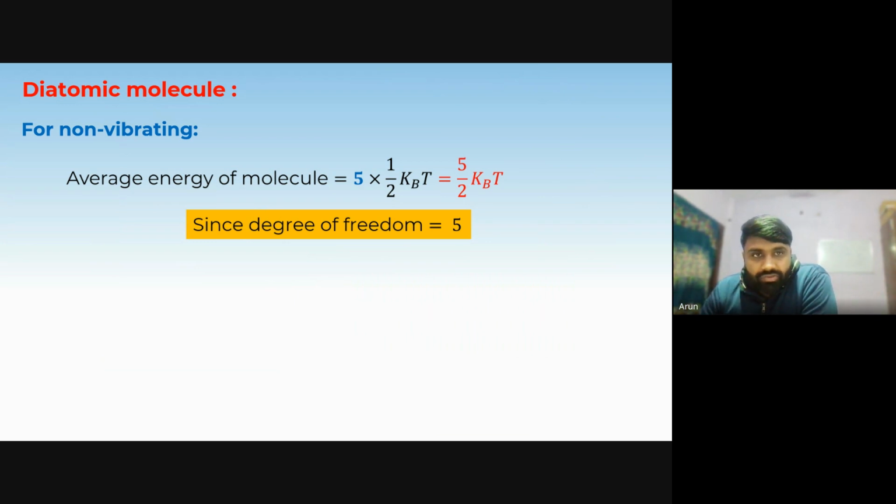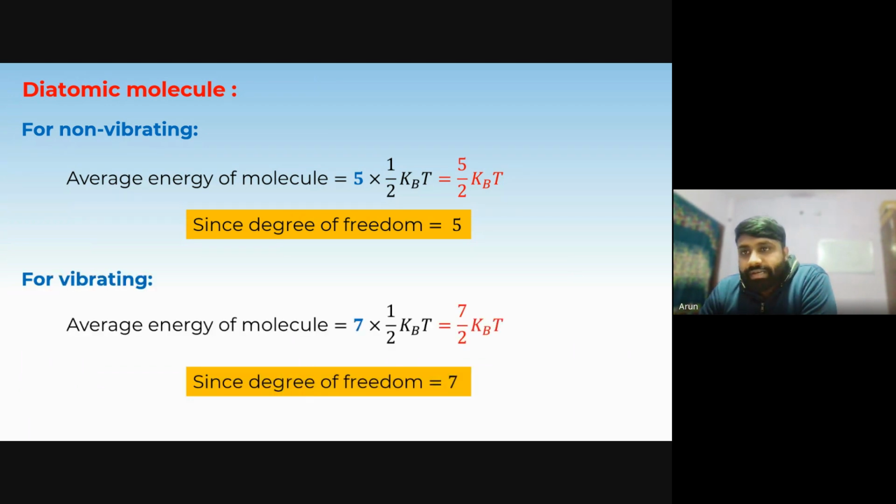So the average energy of a molecule is 5 into 1/2 kBT, that is 5/2 kBT. For vibrating molecules, two extra terms we have to add, one for kinetic energy and one for potential energy. So two extra degrees of freedom, making it 7, and 7 into 1/2 kBT, so the total energy becomes 7/2 kBT. Got it?